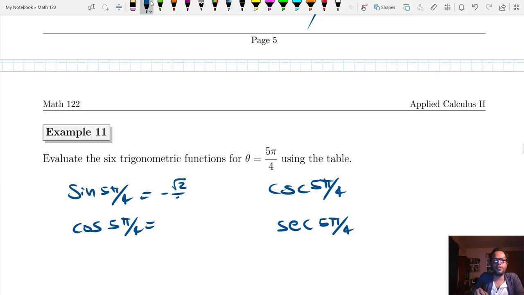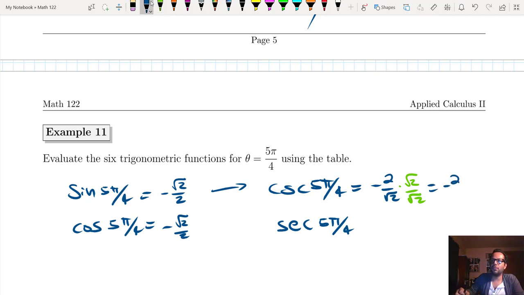So the reciprocal of sine, which is cosecant, is negative 2 divided by root of 2, and you might want to rationalize this, multiplying by root of 2 over root of 2. So this will be negative 2 root of 2 divided by the product of root of 2 and root of 2, which is 2. Divide this out and get negative root of 2.